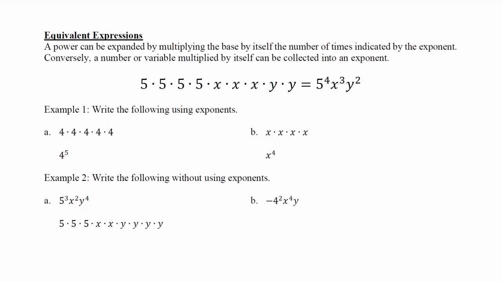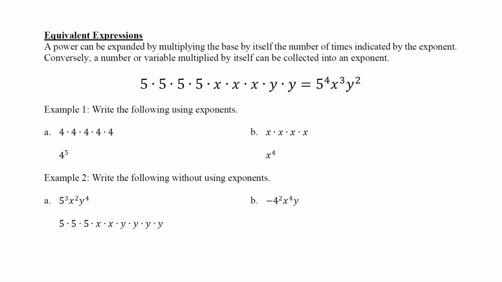Now in B here, we have negative 4 squared x to the 4th y. Be careful when you have a negative on something that is being taken to a power. Here, we do not have parentheses around negative 4. So this is not going to be negative 4 times negative 4.